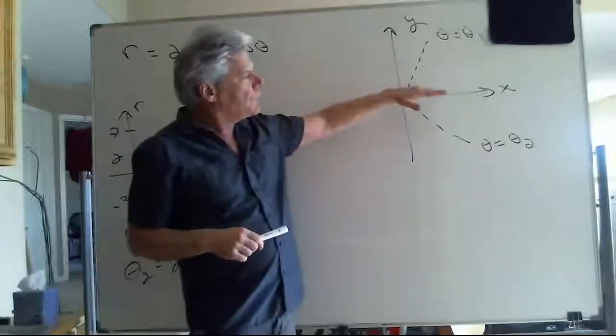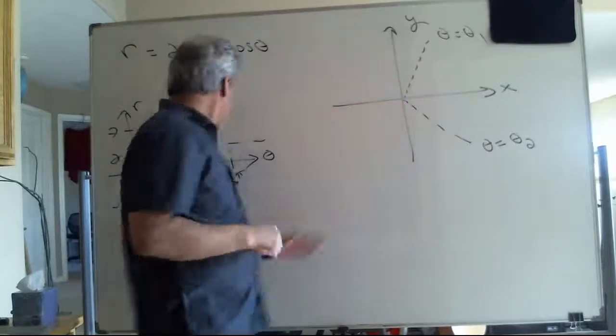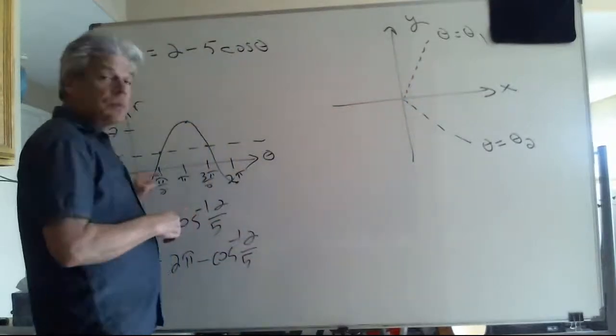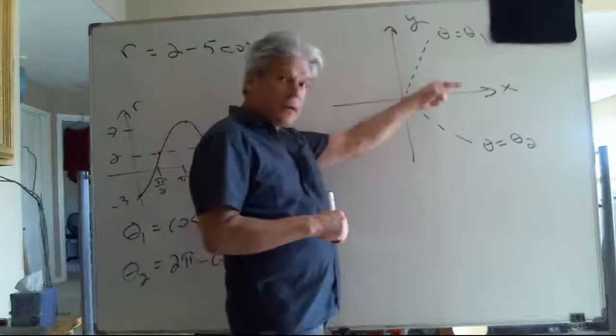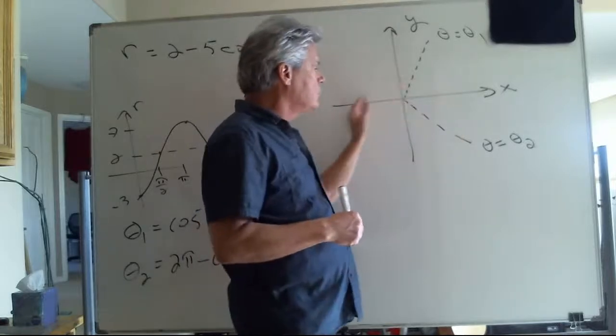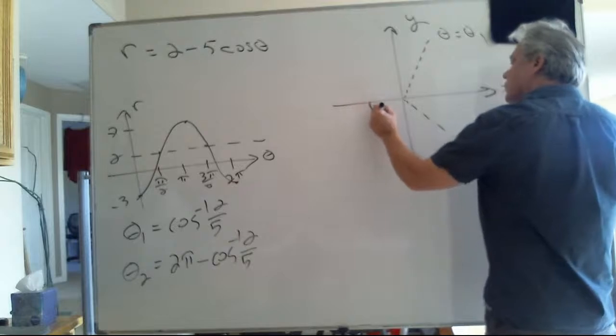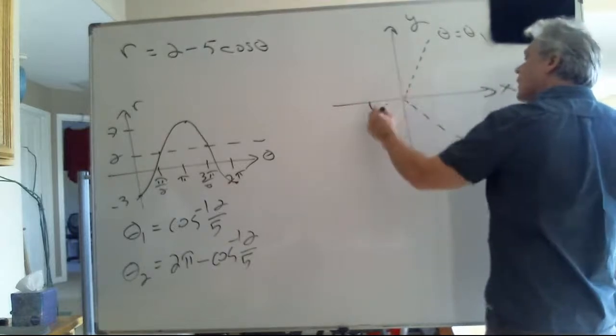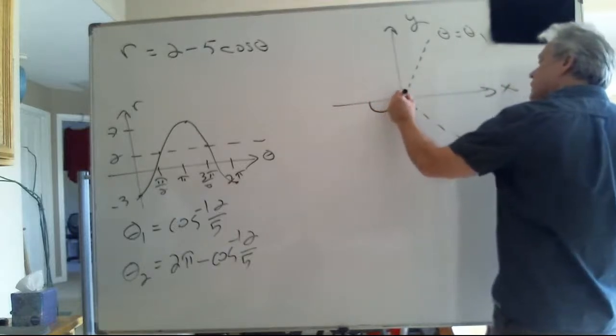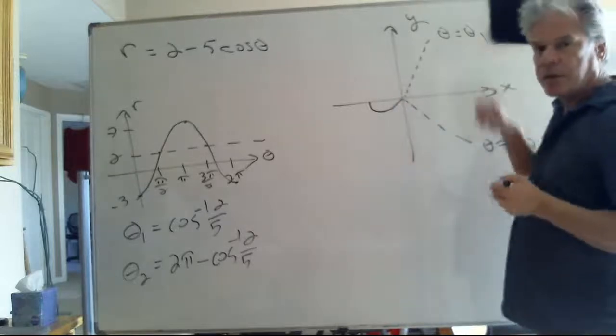So as I rotate from 0 to that first angle theta sub 1, my r values increase from -3 up to 0. So look at the polar axis. I'm going to start at -3, and I'm going to walk by rotating from here to here, increasing theta to be equal to 0 at that particular value for theta.